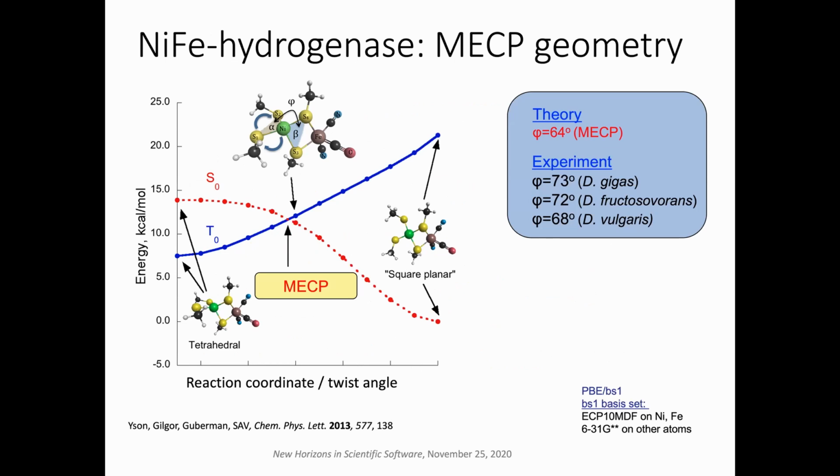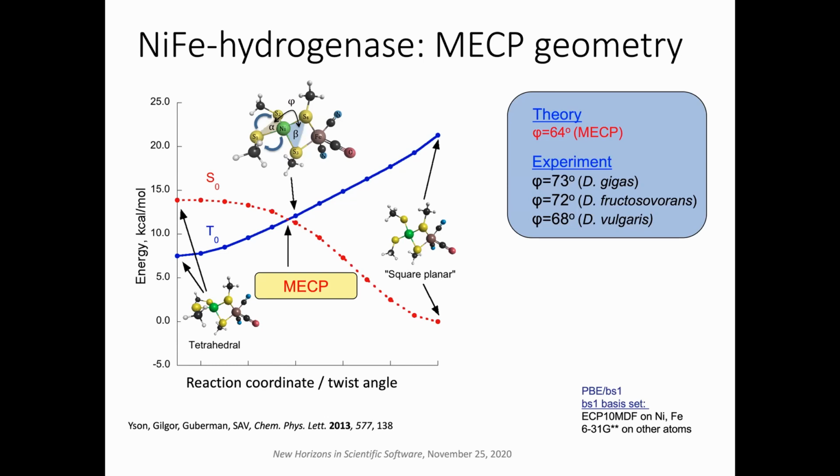We got interested in that because we quickly realized that these reactions, when you absorb even hydrogen, can proceed on different spin states, triplet and singlet in this case. We looked at these two states, and we noticed that if you twist the active site and go from square planar coordination around the nickel center to tetrahedral, there is a crossing point.